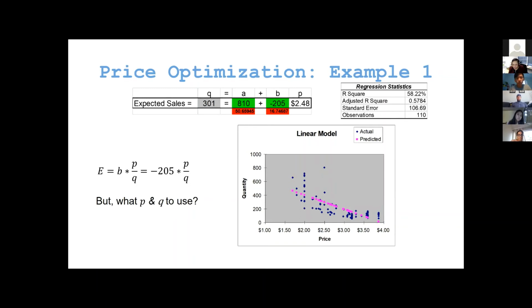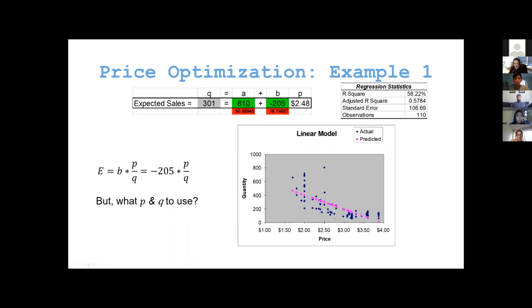So ignore the pink squares for a moment, and look at the blue diamonds. Notice that the data is not quite linear. It looks linear from $4 all the way down to $2, and then it starts to curve up here. So it's not quite a linear data set.